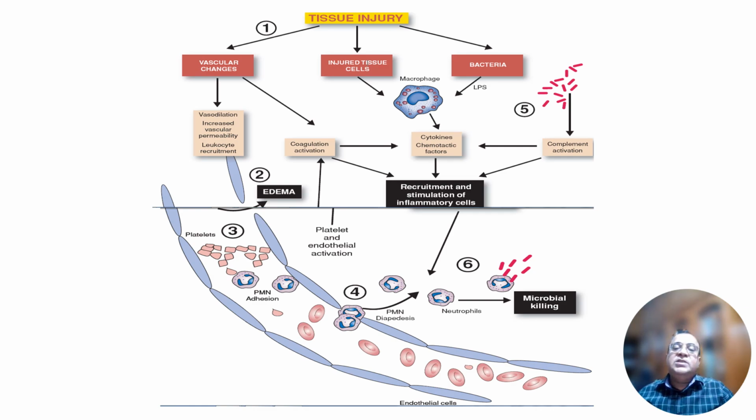First, when there is tissue injury, it leads to some vascular changes, some damage to the local tissue, and accumulation or collection of bacteria that exert their effect by exotoxin or endotoxin and results in phagocytosis by macrophage or neutrophil leukocytes.